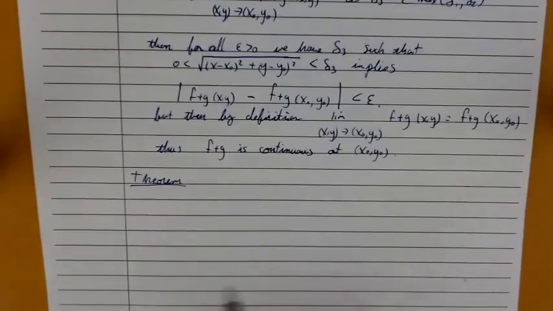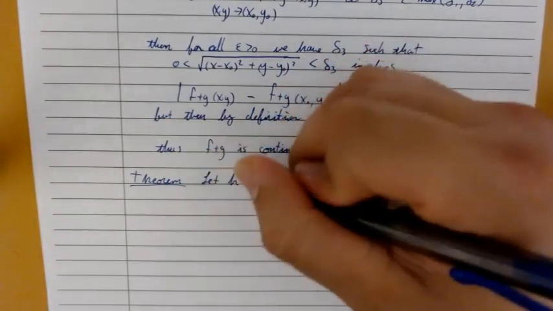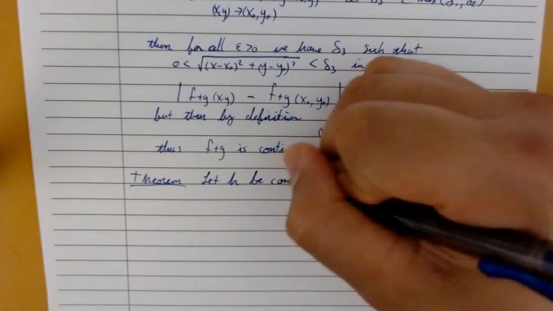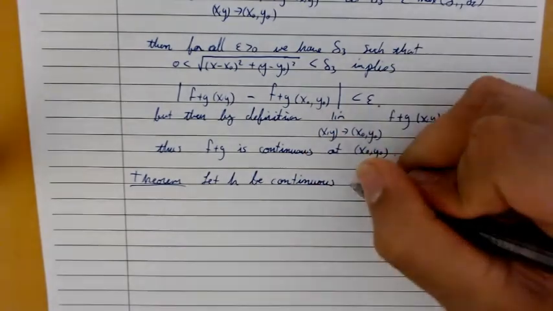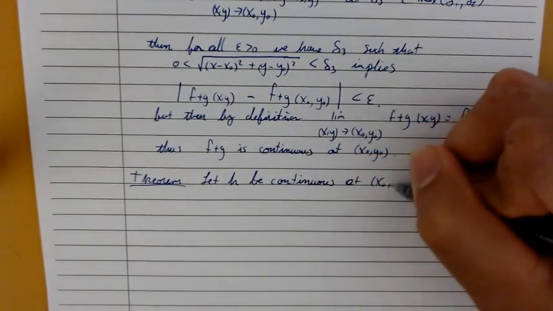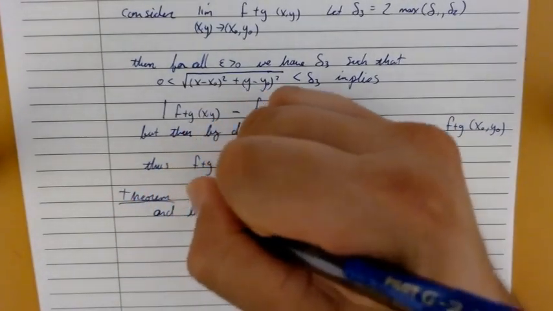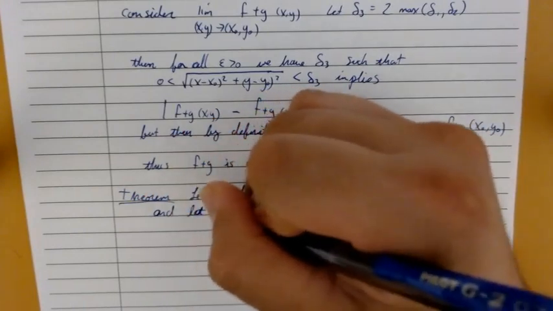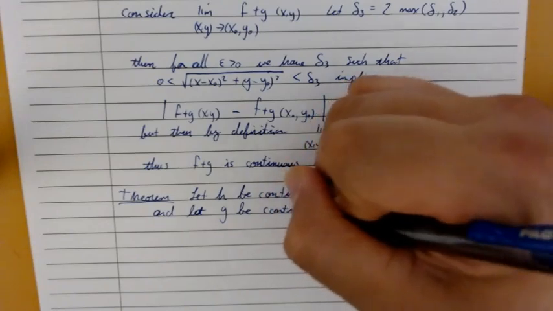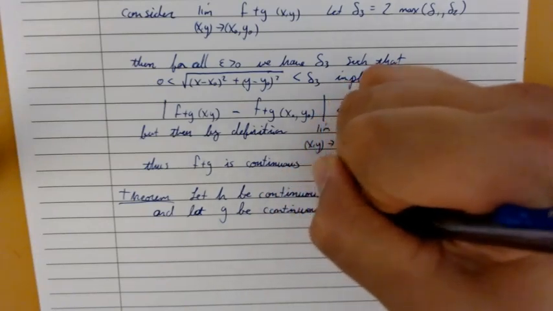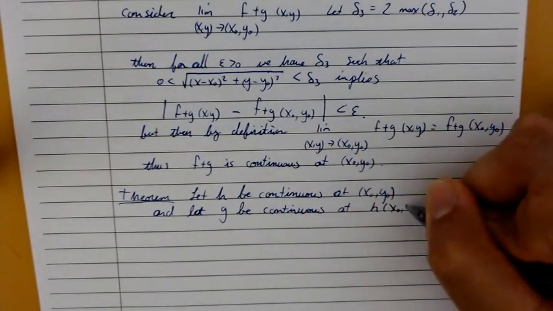So here, theorem: let h be continuous at (x naught, y naught) and let g be continuous at h of (x naught, y naught).